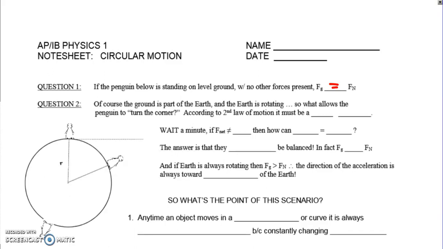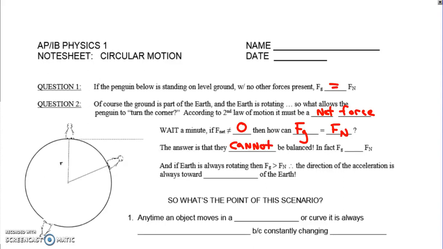If we're turning, then there must be a net force, and that means F net is not equal to 0. So then we cannot have F of G equal to F of N. Okay, so how can we? The answer is that we cannot; the forces cannot be balanced.